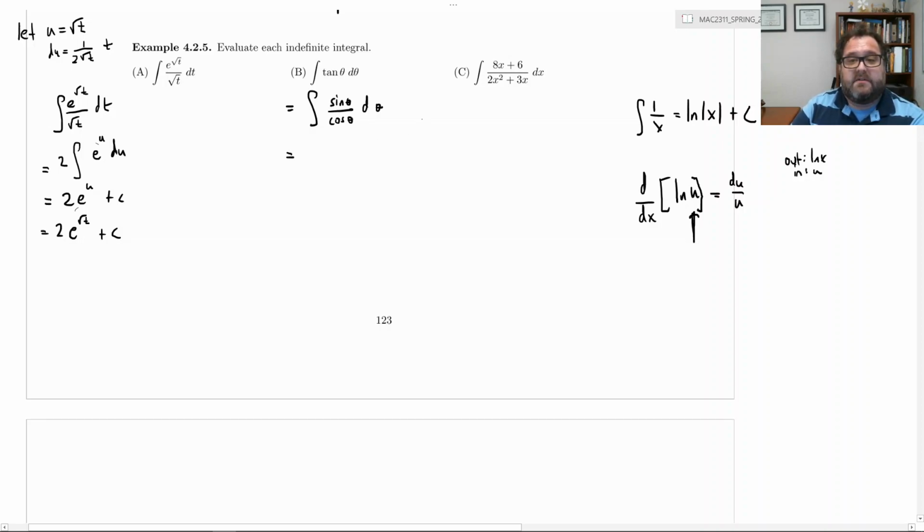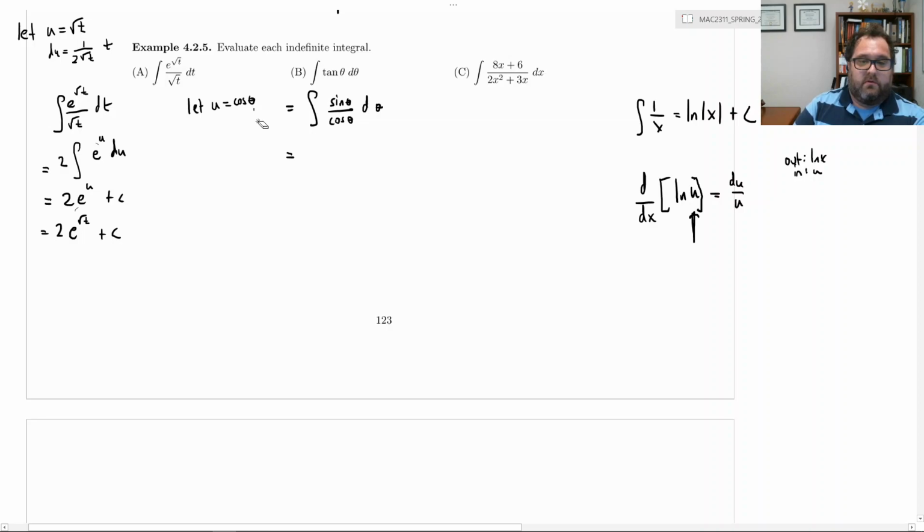In fact, I will do that. What if we let the entire denominator, cosine, be u? Well, what would du be? du would be negative sine theta. Oh, I'm out of room.